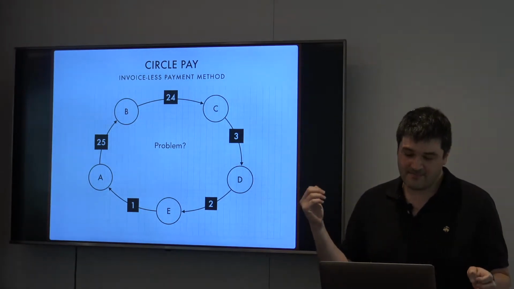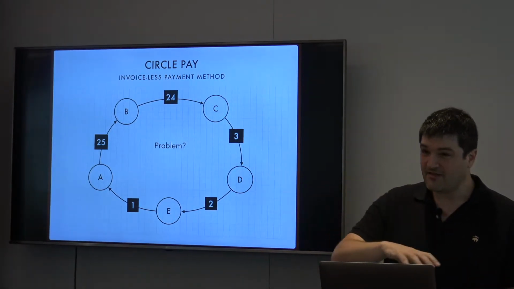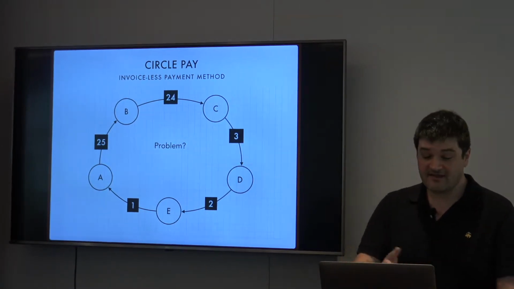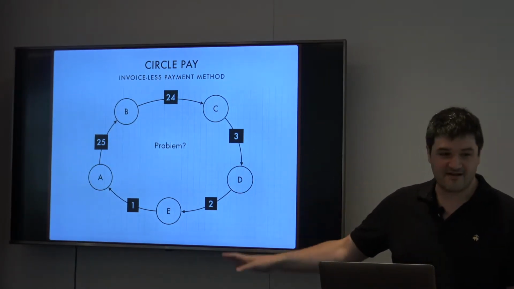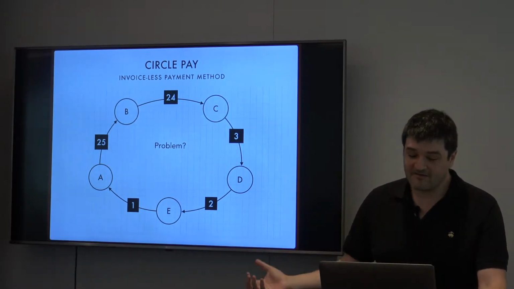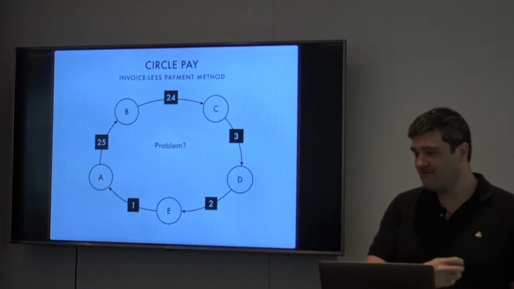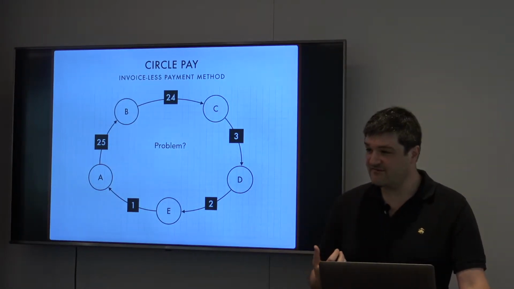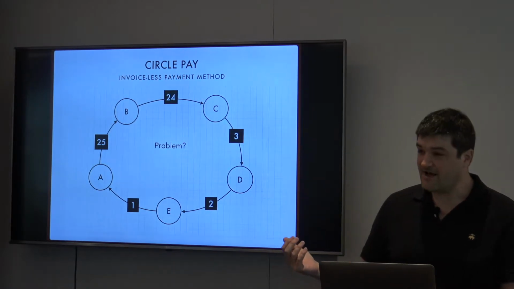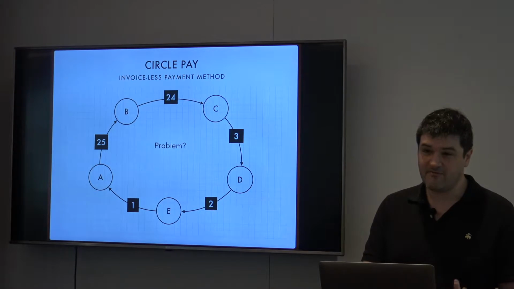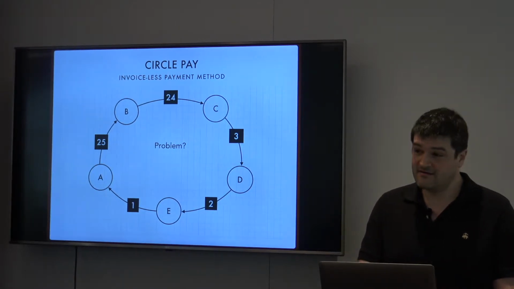So E can lock this one satoshi payment into place, and then A doesn't really know what's happening on the other side once it gets past B. So E locks the 1 satoshi invoice to A. A reveals the pre-image, and now B can use that pre-image to take the 25, and now C and D were cut out, so they didn't get anything. So that's a problem with Circle Pay that would be solved with the Sphinx sending.